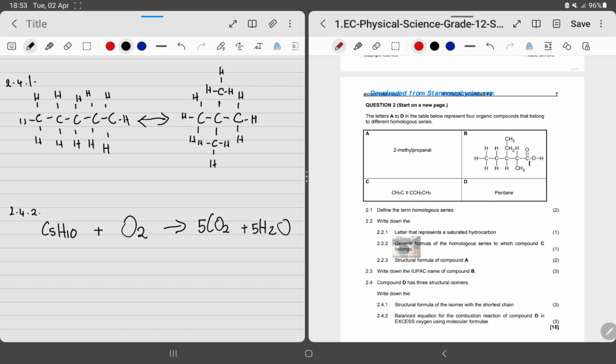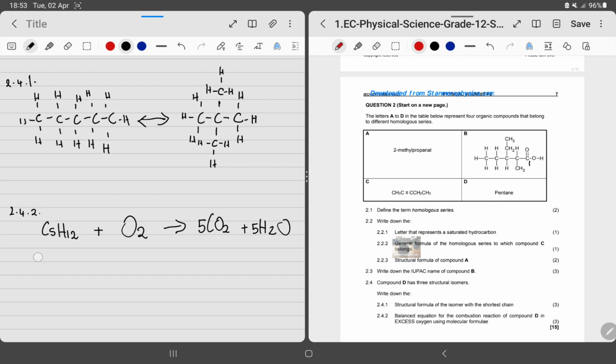So those are balanced. So now I just need to balance the oxygen atoms. So now I have 5 times 2, that is a 10, and then the 5, pentane. Oh, so this is 12. Sorry, this must be a 12 because it's pentane, and then the general formula should look like this.